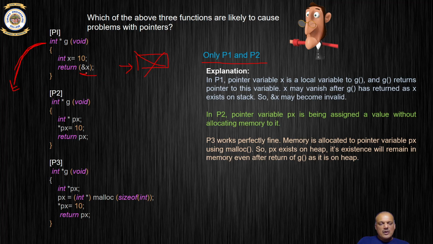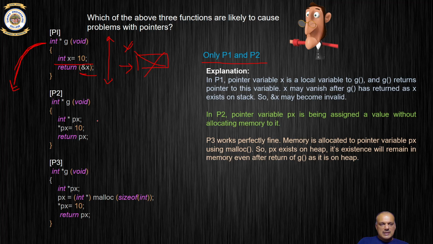Because x is a local variable, x doesn't exist, so there's no point in returning the address of x. As syntax goes, this code is valid, but if you look into the logic, you are returning the address of memory which doesn't exist, which is deallocated. This is going to create a problem for you.